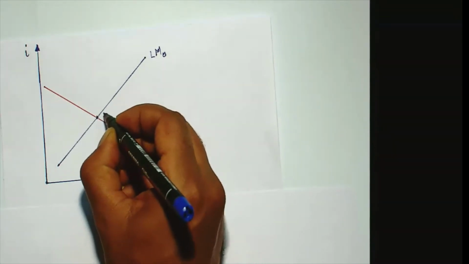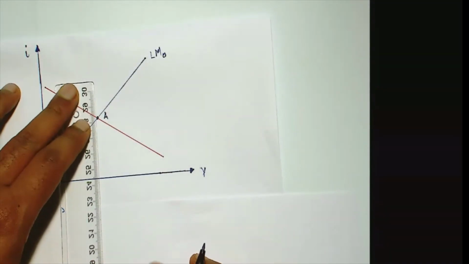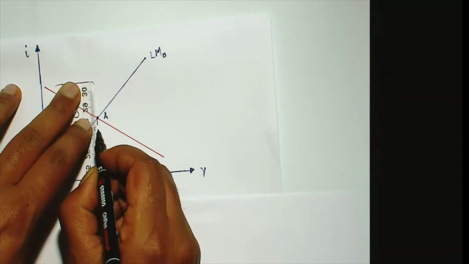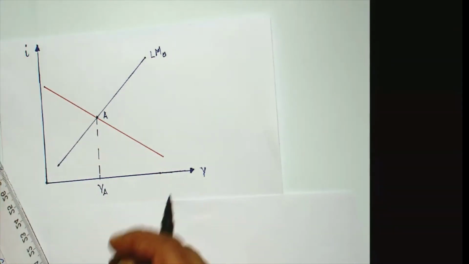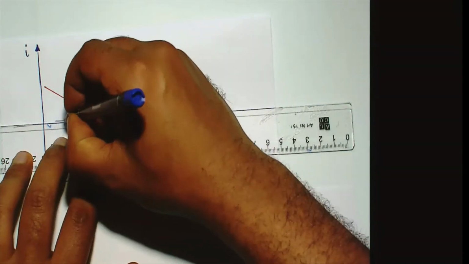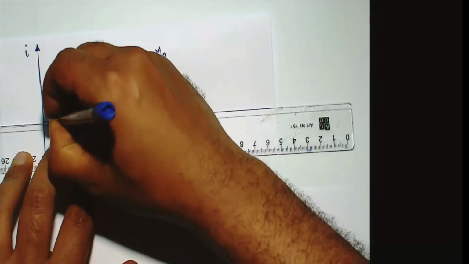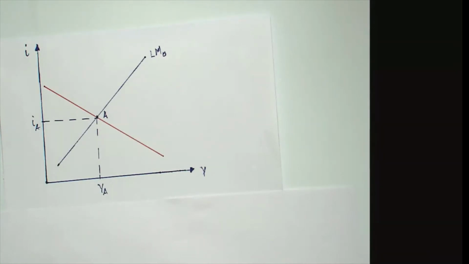Initially, we had an equilibrium at point A, which corresponds to an income level of YA and an interest rate level of IA. So now we are saying that there is an increase in taxes.